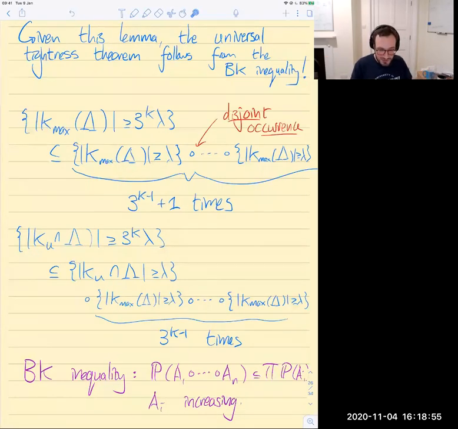So this is going to be tons of these disjoint witnesses, all disjoint sets of edges that each guarantee by themselves that the maximum cluster size is bigger than lambda. So this is going to be a completely combinatorial thing that I'm going to prove about just this inclusion of sets.